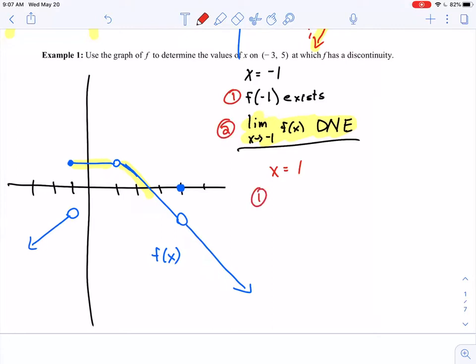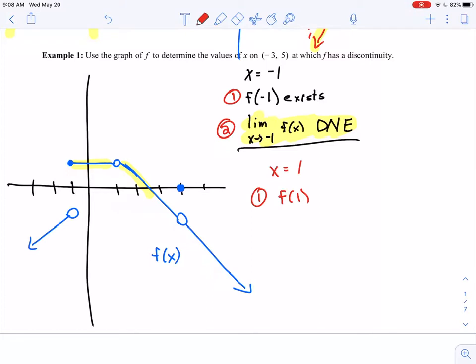Property 1, does f of 1 exist? So I'm going to look, do I have a point on my graph at x equals 1? Well, here I have this open circle right here, and there's no y value to make up for it. If I had a y value, say, up here, then okay, I could say that the function exists at that point, but I don't. I just have this hole right here at 1.